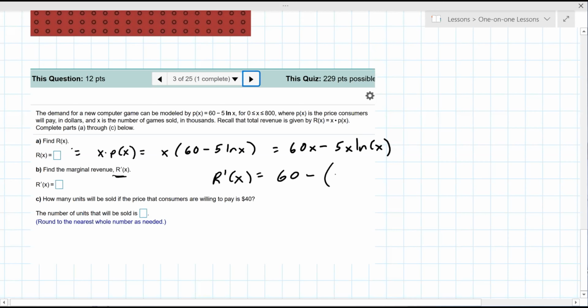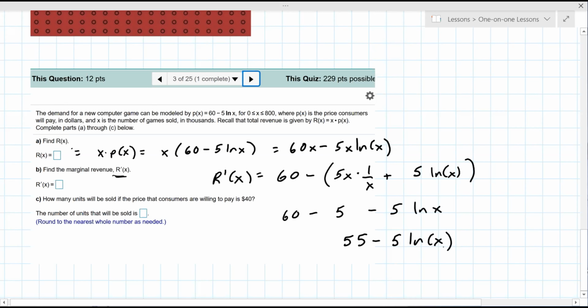It's first 5x times the derivative of the second, which is 1 over x, plus the second times the derivative of the first. The derivative of 5x is 5. So this reduces to 60 minus 5 natural log of x, which reduces to 55 minus 5 natural log of x. And that's what they're looking for there.